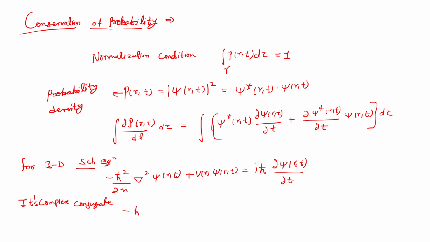Simply, del square psi(r, t) will become del square psi star(r, t), plus V(r) will remain as it is, psi(r, t) will become psi star(r, t), and i will become minus i, del psi star(r, t) over dt. So these are the two equations we are having: Schrodinger's time dependent equation in 3 dimensions and its complex conjugate.